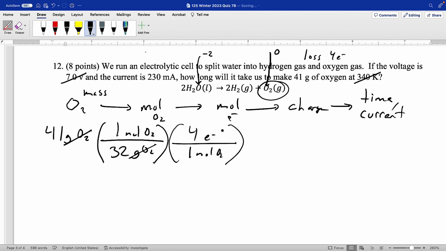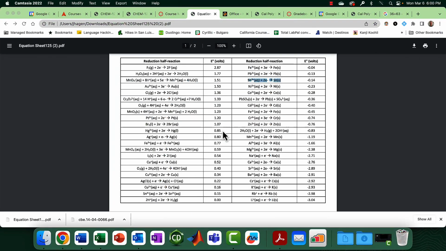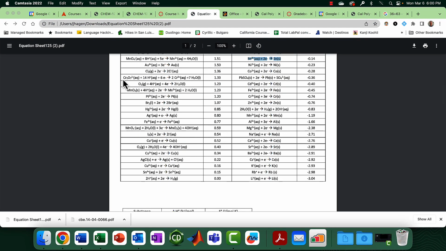We can also use our table of reduction potentials to see that as well. So I'm going to take you back over that table. You can see we've got 2 reactions with oxygen gas, where the oxygen is going to be reduced.